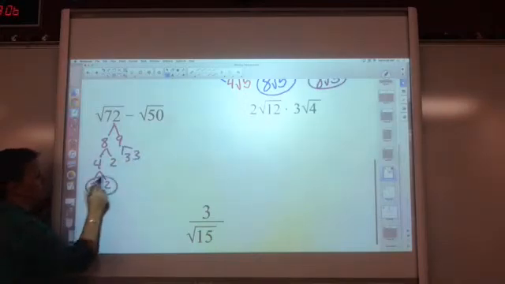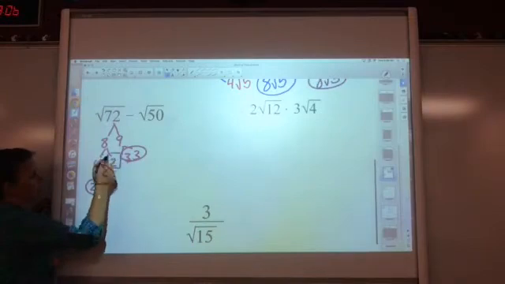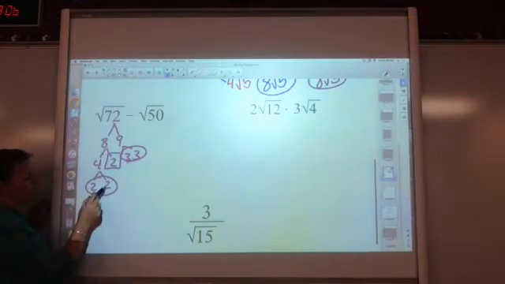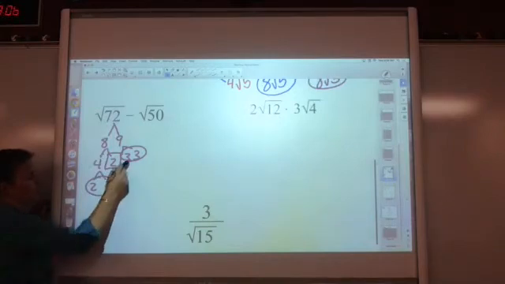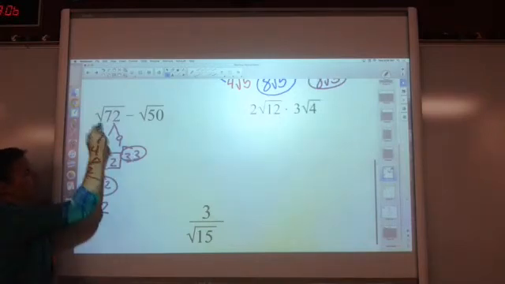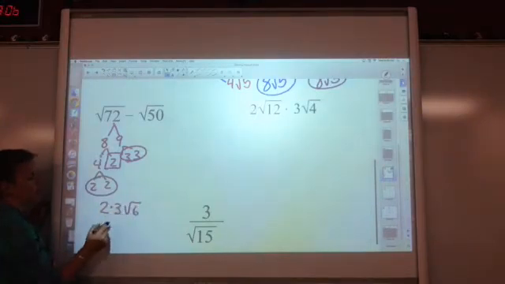You've got a pair of 2's and a pair of 3's with a single 2 left over. 2 times 2 is 4, but we want the square root, so we only need the 2. 3 times 3 is 9, but we're looking for the square root of that, which means we need a 3. And it's always all multiplication. These are factors. Square root of 2 is left inside, which means you have 6 square roots of 2.